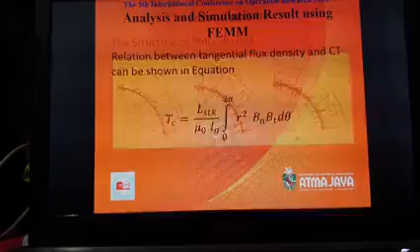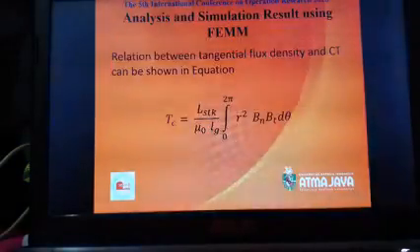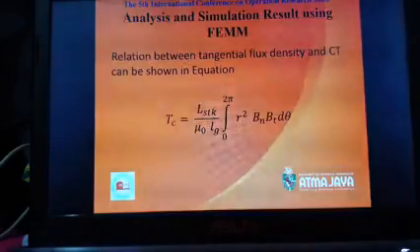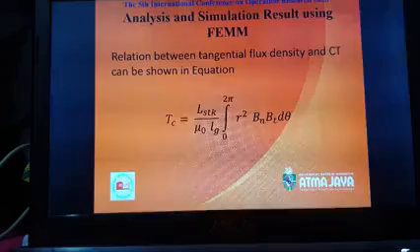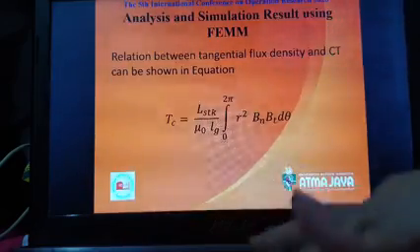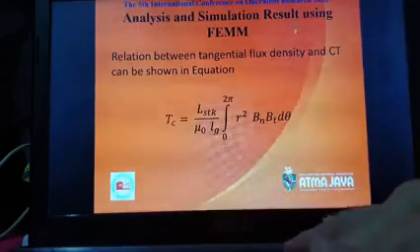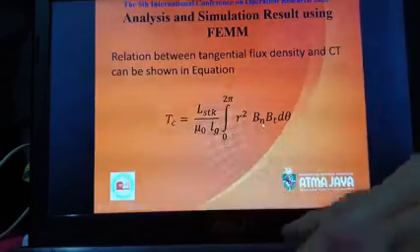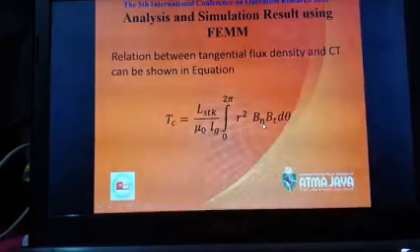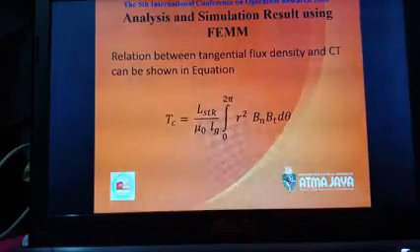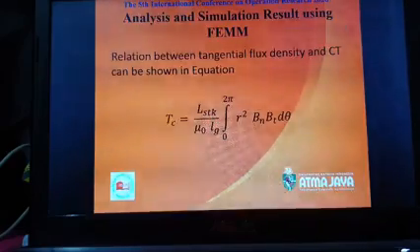Next is analysis and simulation result using FEM. The relation between tangential flux density and CT can be shown in this equation. Here, Bn is the normal flux density and Bt is the tangential flux density.